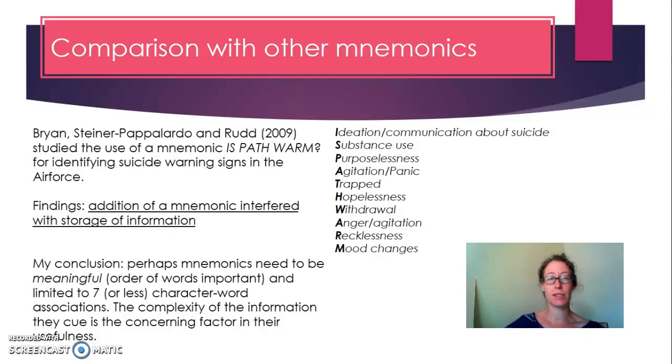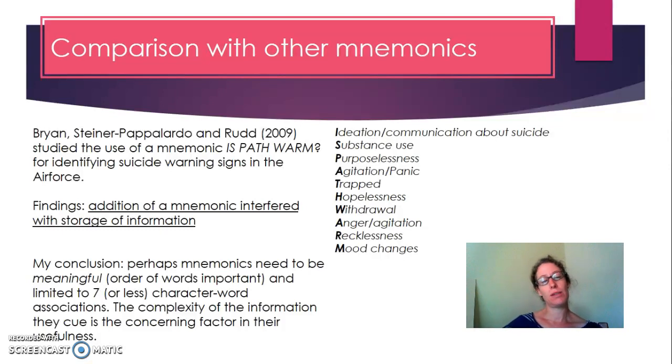But Bryan, Steiner, Pappalardo and Rudd in 2009 found, in a study of the use of mnemonics for suicide warning signs in the Air Force, using both qualitative and quantitative methods, that the use of mnemonics actually interfered with how much a learner could store and retrieve information.